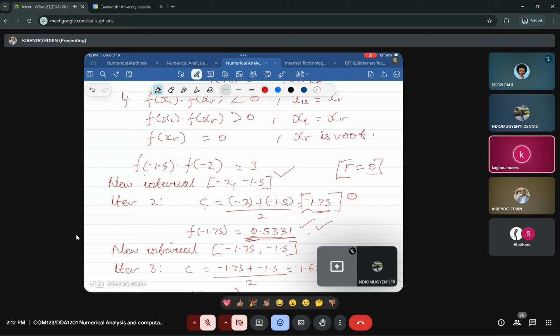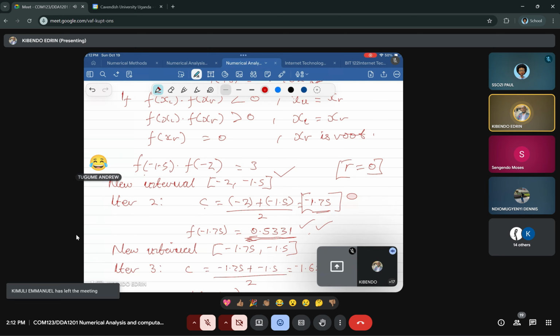We asked Mr. Ssengendo to elaborate on that. Thank you. Because negative has passed 0, it's heading far away, on a trajectory that is not tending to 0.